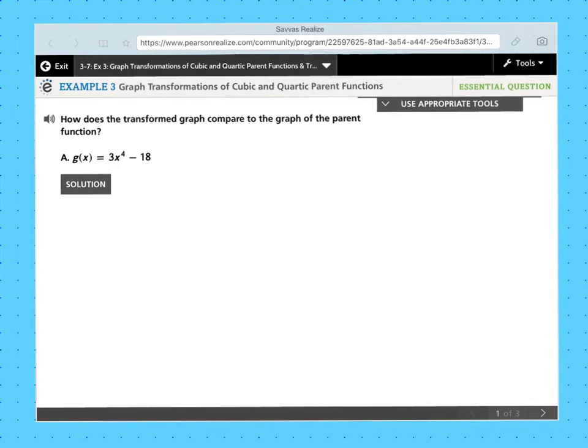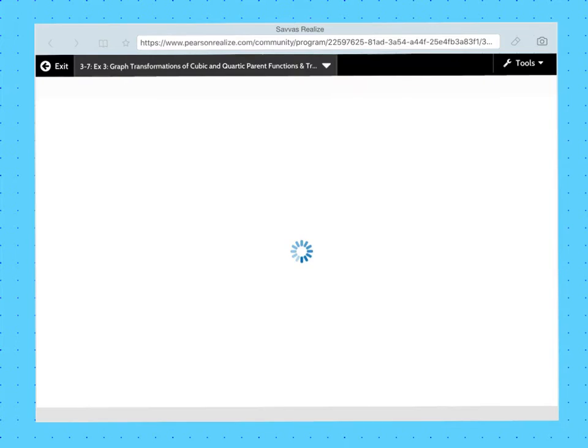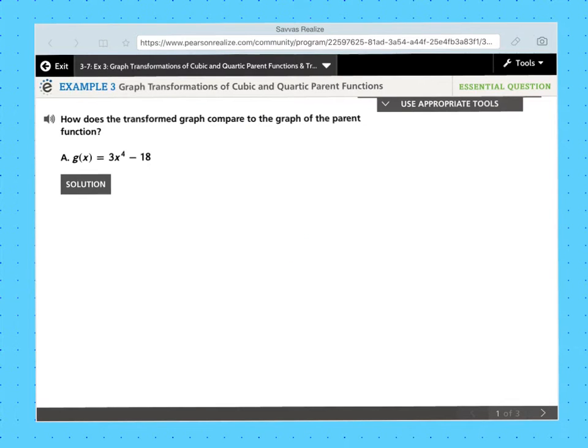So for me to know how this works, I need to first find out what my parent graph is, right? In this case, most likely, my parent graph is going to follow my quadratics. Really, if you think about it, x raised to the fourth is x squared squared, right? So you go from there, and I'm just going to open up the solution because it's not hard.